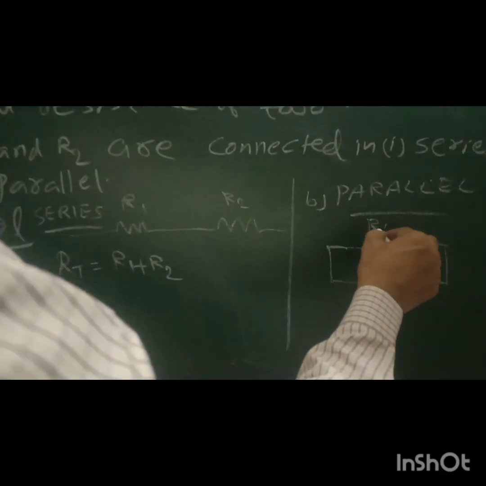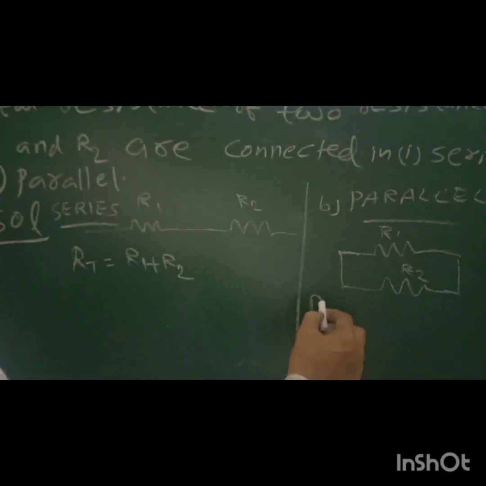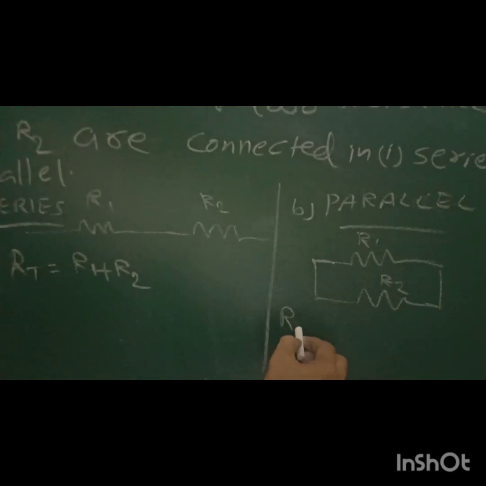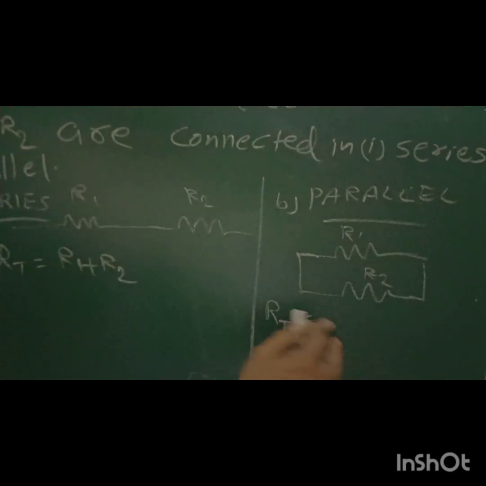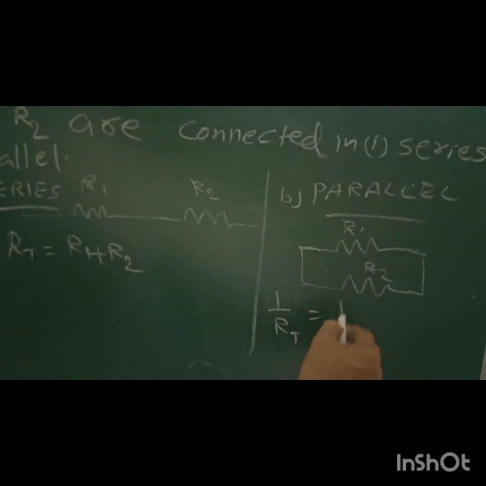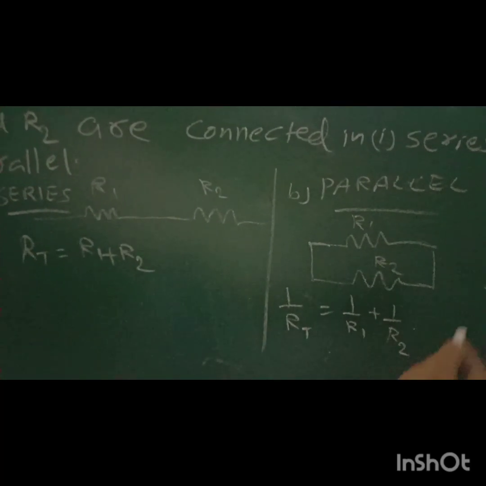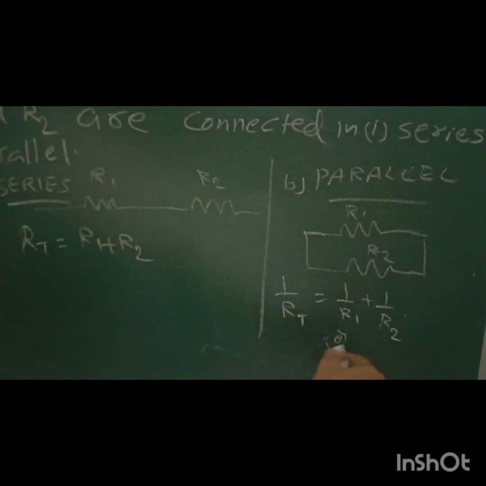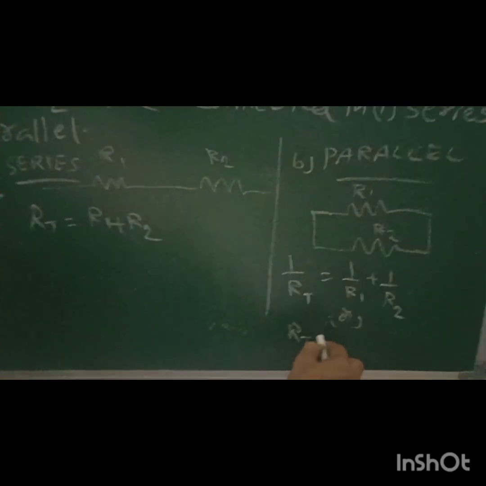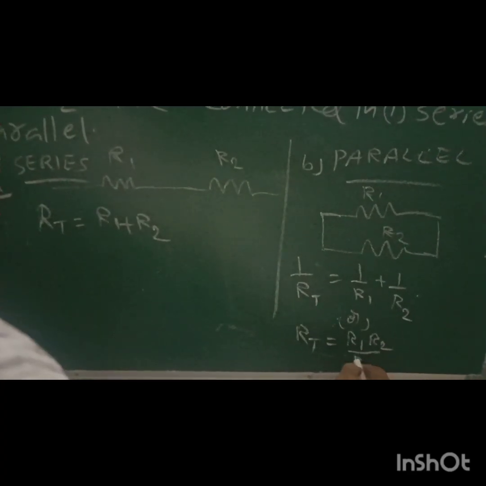So these R1 and R2 are connected in parallel. Equivalent resistance RT: 1 by RT is equal to 1 by R1 plus 1 by R2, or this can be written as RT is equal to R1 R2 by R1 plus R2.